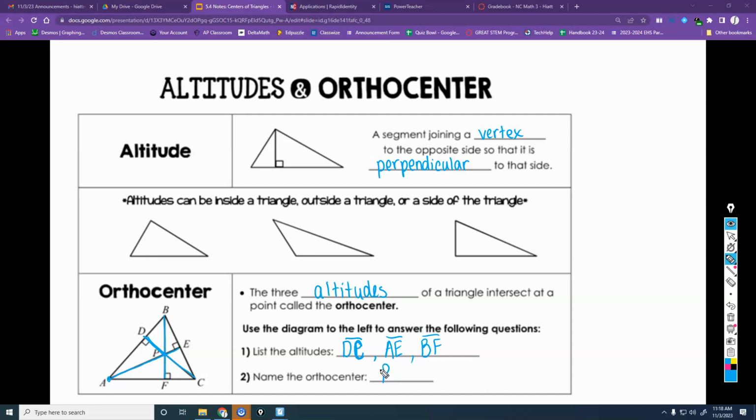We have not gotten far enough for you guys to do a lot with this. So what I want you to do for this packet is just the front page, where you decide for each one whether it's an incenter, orthocenter, centroid, or circumcenter.